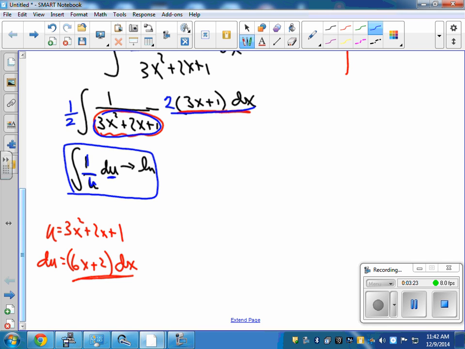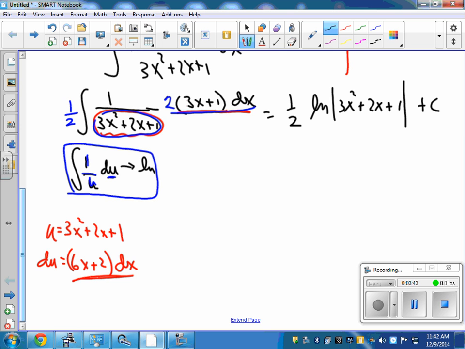So now I can go ahead and write the answer. And here's the answer, 1/2 times the natural log of the absolute value of 3x squared plus 2x plus 1. Not too bad there, plus a constant.